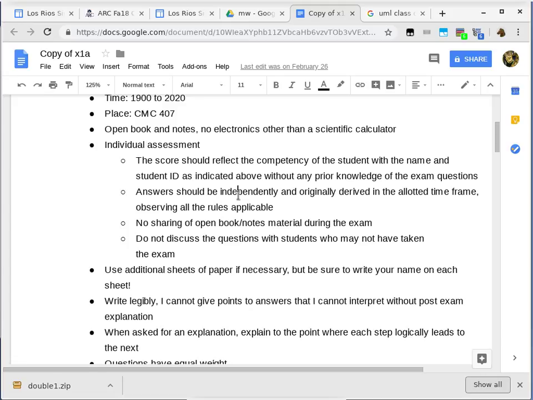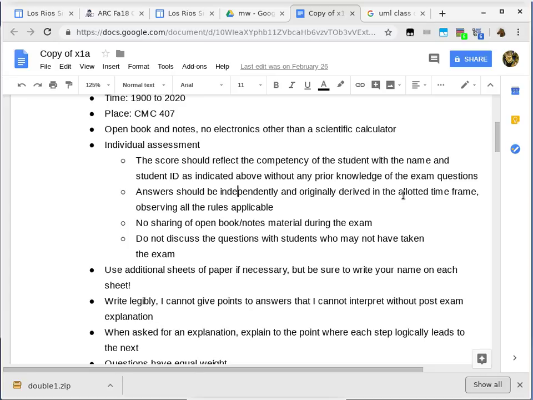The answer should be independently and originally derived, which means without assistance from somebody else, within the time that is allocated. So that means once the time is up, I don't want people to keep writing on the answer sheet. Okay, so just turn in whatever you have at that point, because otherwise the risk is I'm not going to take the exam at all. So the cost is potentially much higher than the marginal point that someone may be getting.